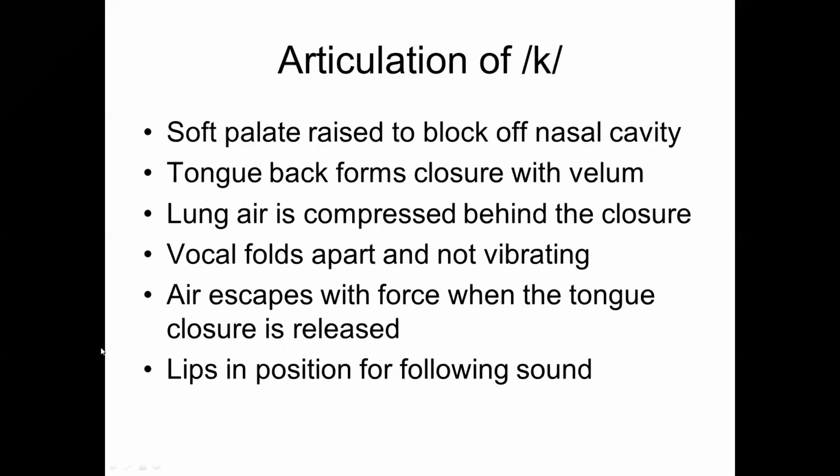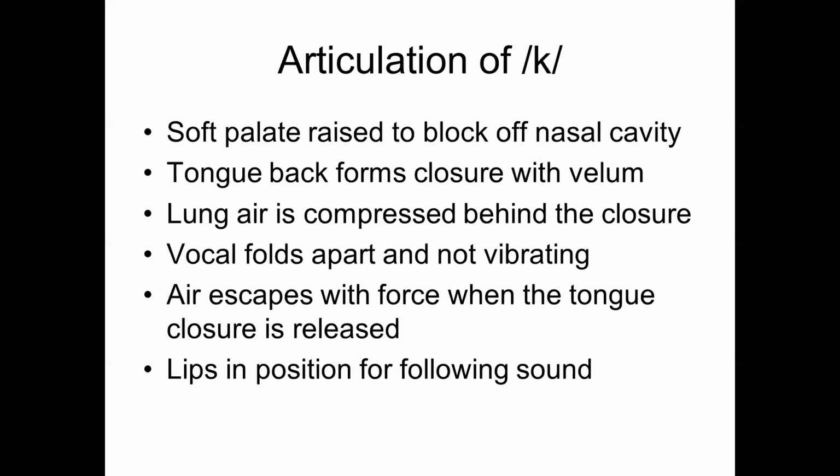Okay, finally we have our last two English plosives. We have k, the first of the two we're going to talk about, which is a voiceless velar plosive, and it is produced without the vocal folds vibrating and with the tongue back or the tongue body making a closure with the velum.